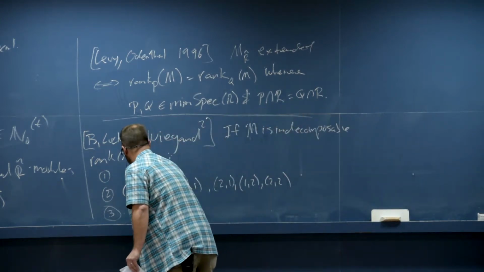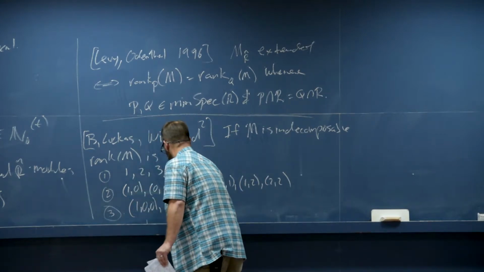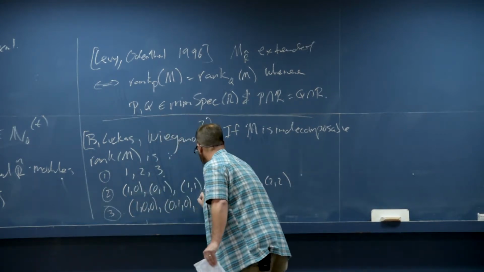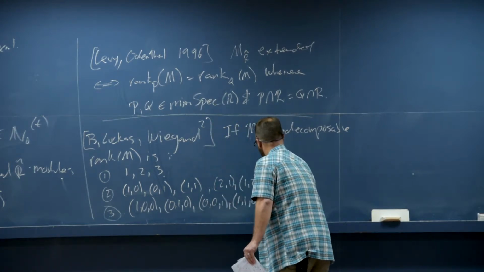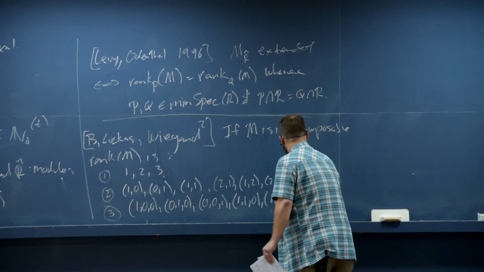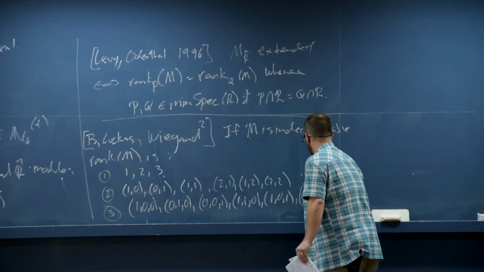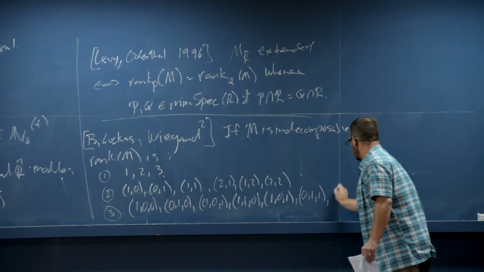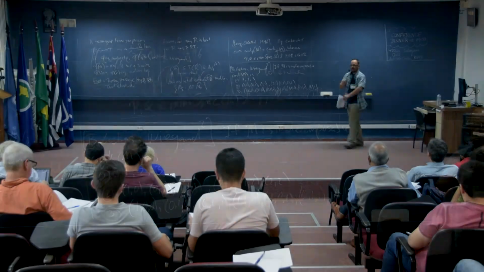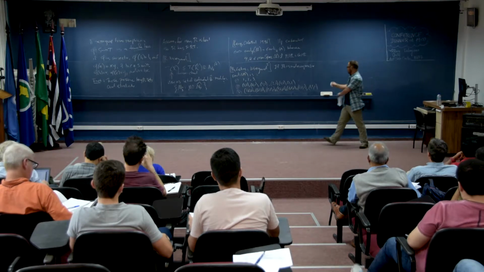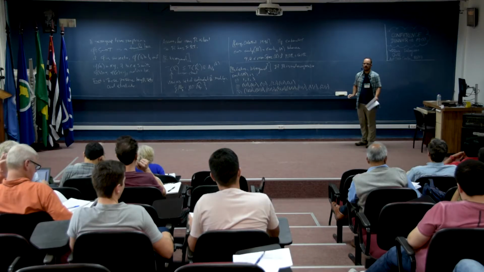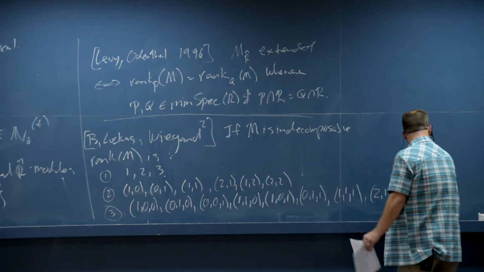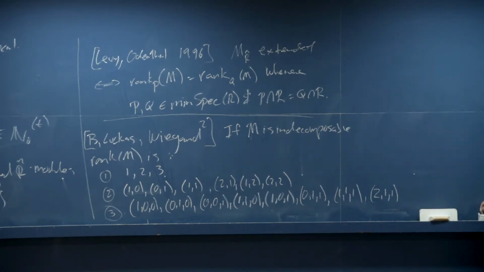And if you have 3 minimal primes, then you have all of the trivial ranks. And if you a priori fix an order of the minimal primes, you can sometimes pick up this rank (2,1,1). So these are the only ranks that can occur as the rank of an indecomposable module over these rings with finite representation type.